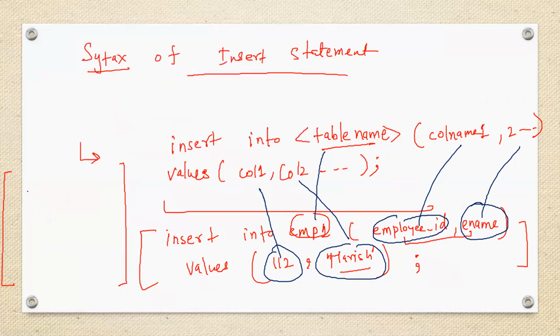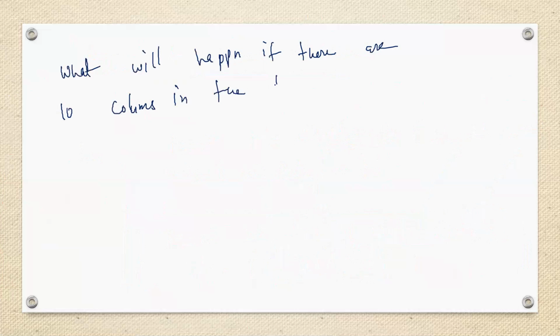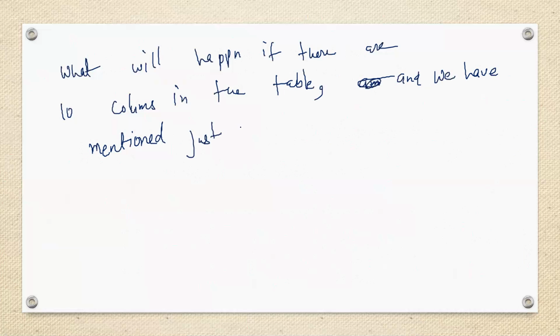Now the question is, what will happen if there are 10 columns in the table and we have mentioned just 2 of them?